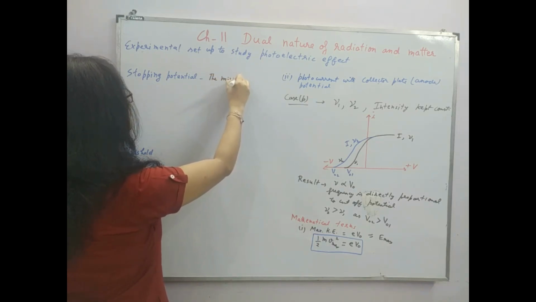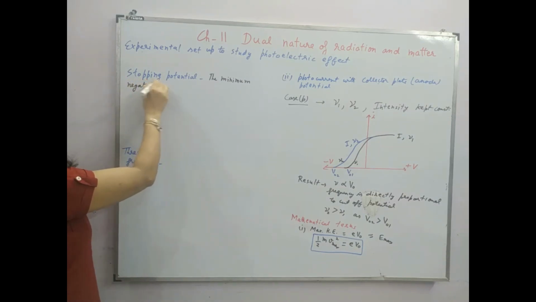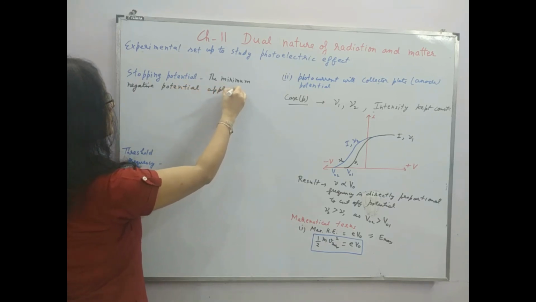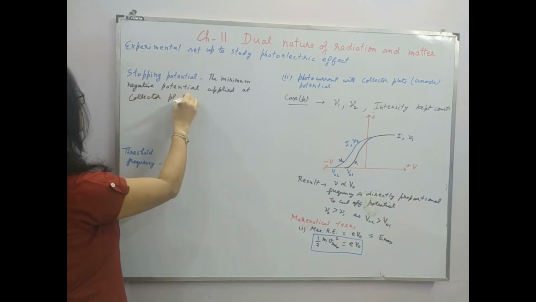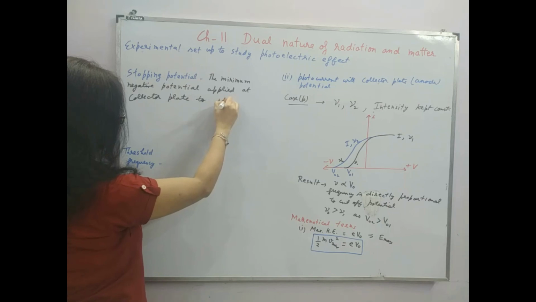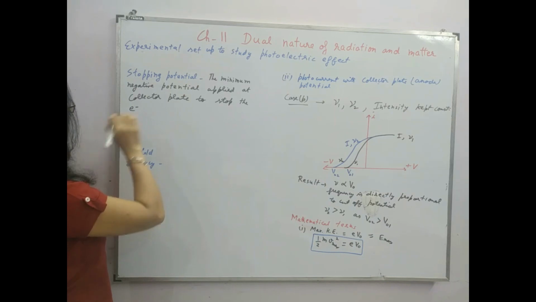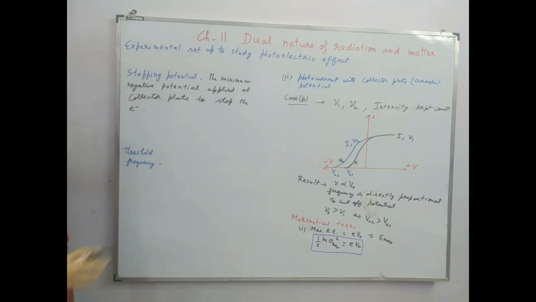The minimum negative potential applied at collector plate to stop the electrons, that is to stop the photo emission of the electrons. This is called as stopping potential.